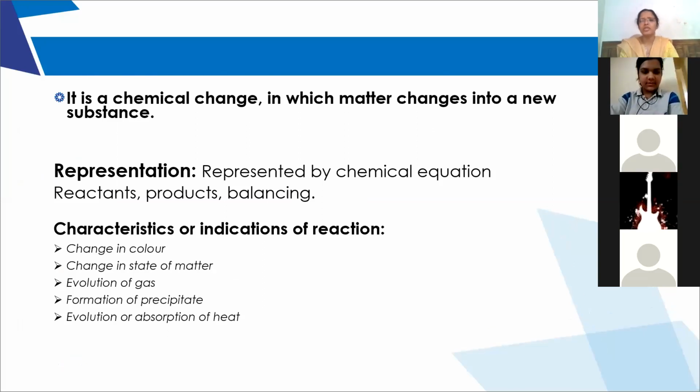Very good. According to the law of conservation of mass, during a chemical reaction matter can neither be created nor destroyed, but it changes from one form to another. In order to show the law of conservation of mass, we have to balance the chemical equation.